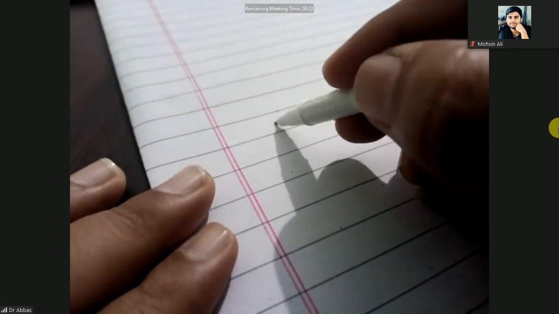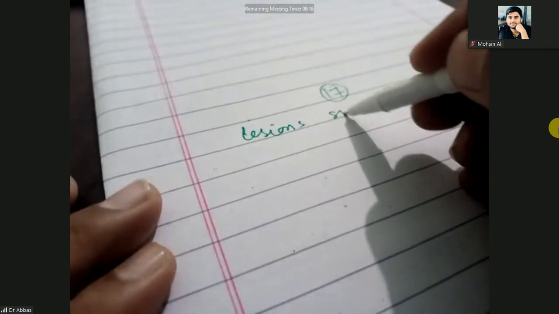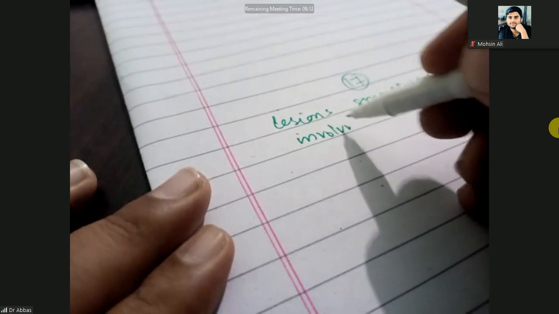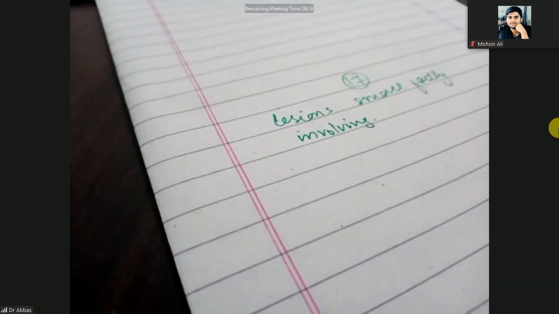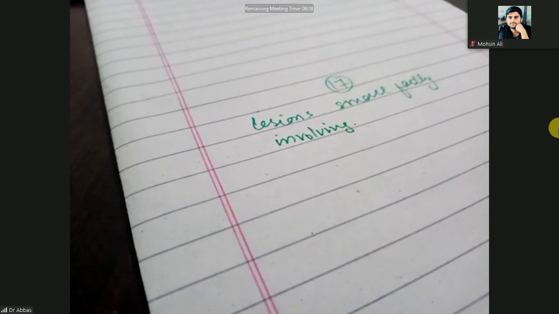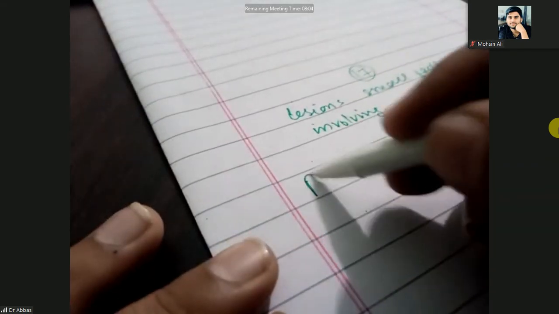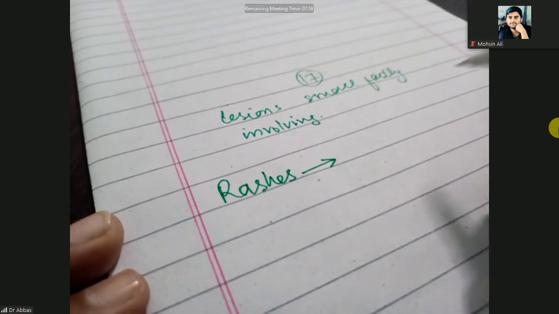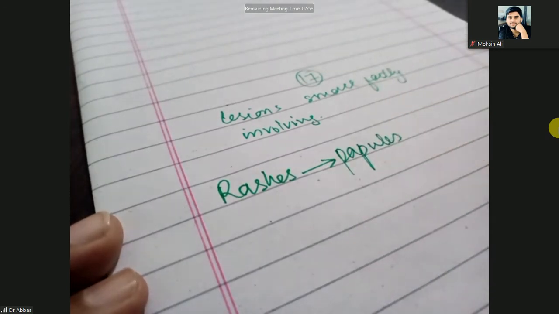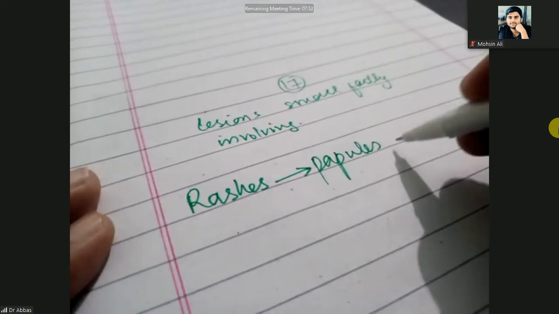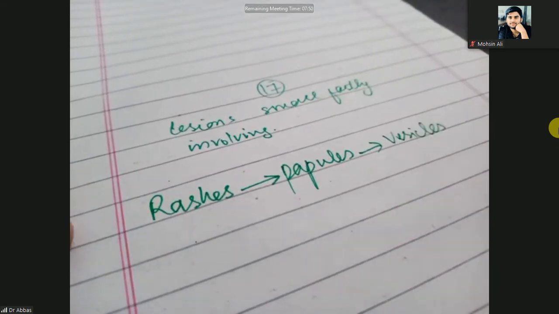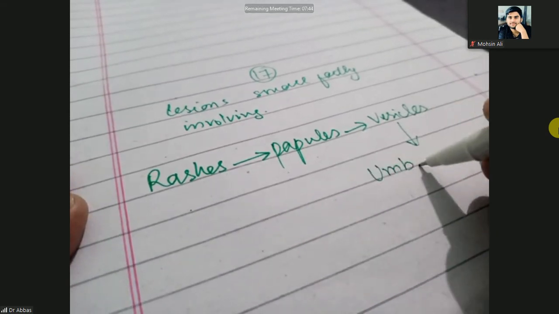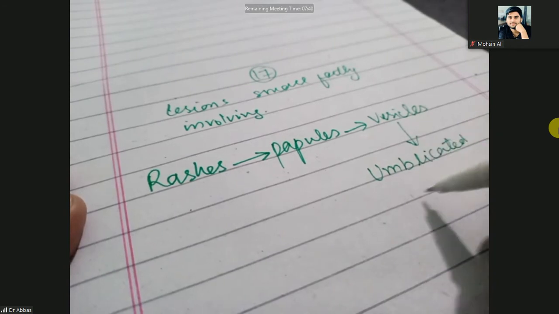What does fast evolving mean? Initially there will be rashes. The rashes turn into papules, and then papules turn into vesicles, especially umbilicated vesicles.